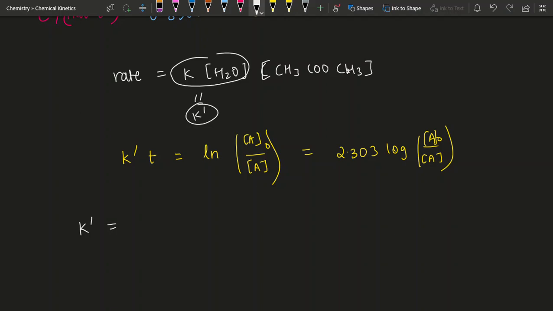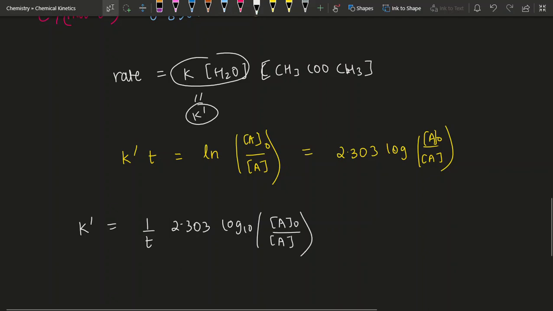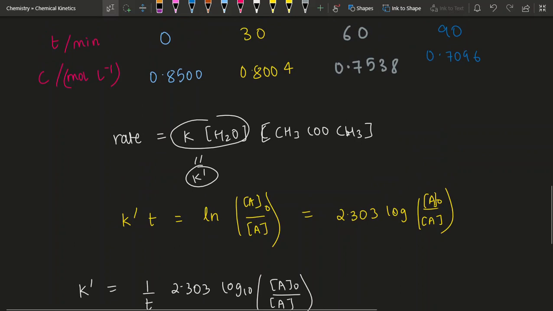So let's try with the pseudo first order thing. So k dash is equal to 1 over t of 2.303 times log to the base 10 of a naught over a. And what you will do now is take this chart right here and start putting in the values of k dash.